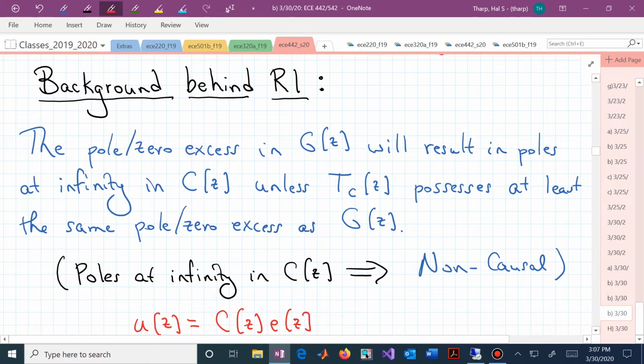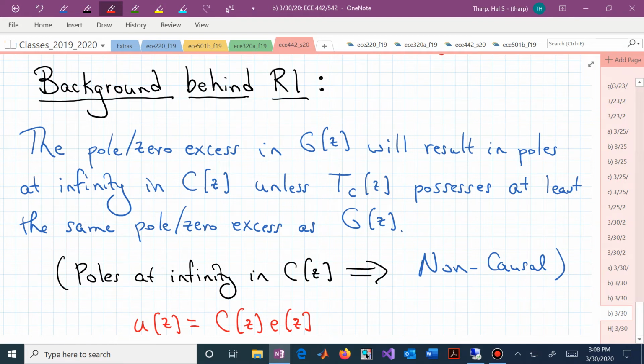So we talked about zeros at infinity, and somebody asked, what about negative zeros at infinity? Well, those are referred to as poles at infinity. So the pole zero excess in our original plant will result in poles at infinity in C of z, and we don't want that because that will cause a non-causal control action unless T sub c of z possesses at least the same pole zero excess as G of z.